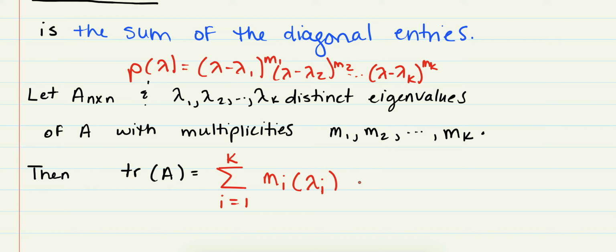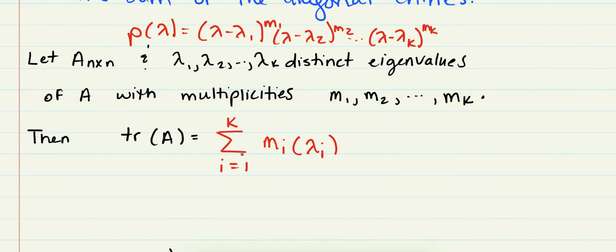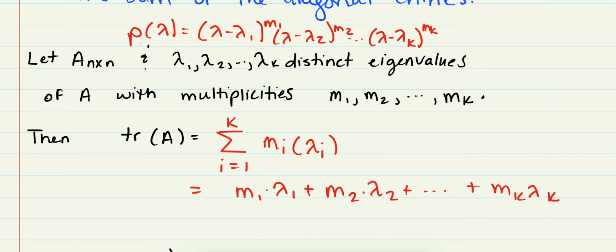So it's very similar to the product formula, except we're not raising it to the power, we're actually putting the power in the front. So this is m1 times lambda 1 plus m2 times lambda 2 all the way to mk times lambda k. So instead of putting the power up here and then multiplying, we put the power as a constant in the front of this lambda and then add.